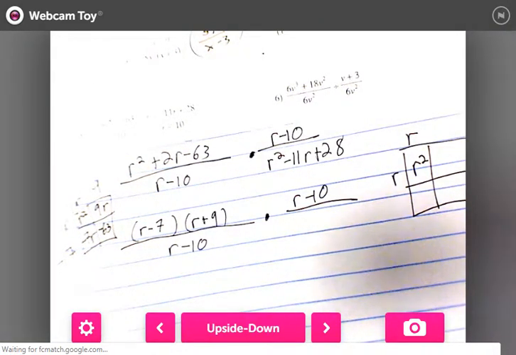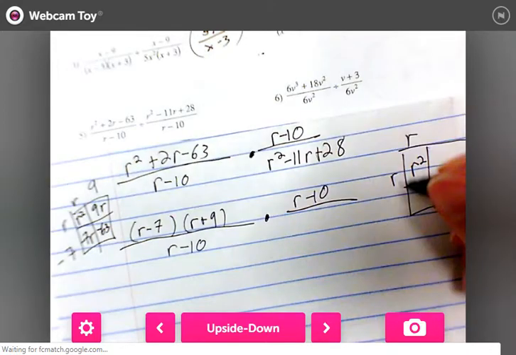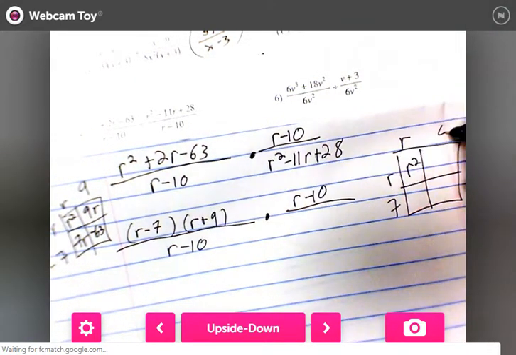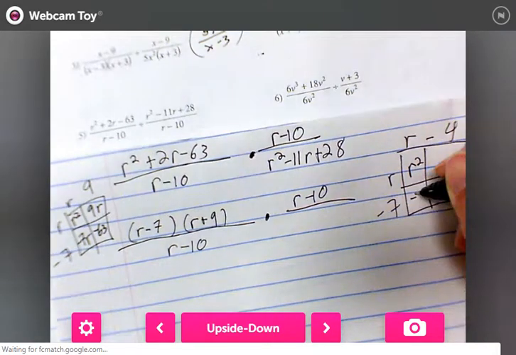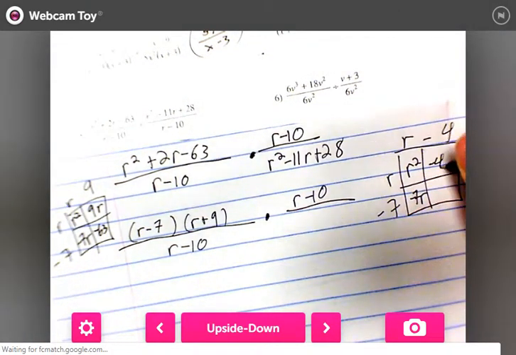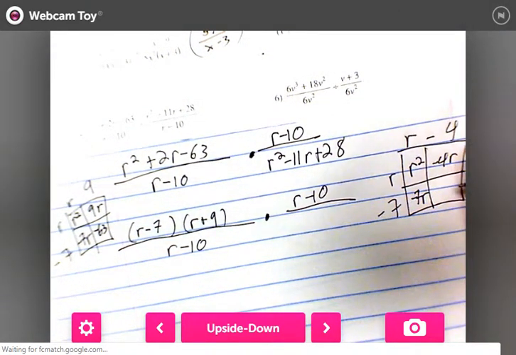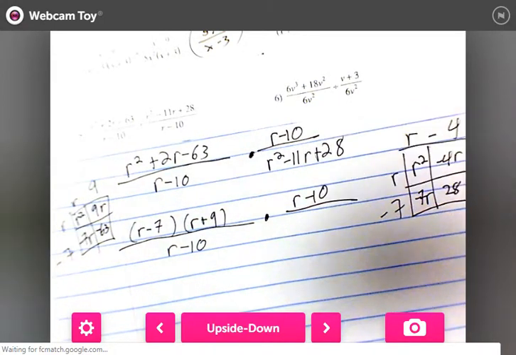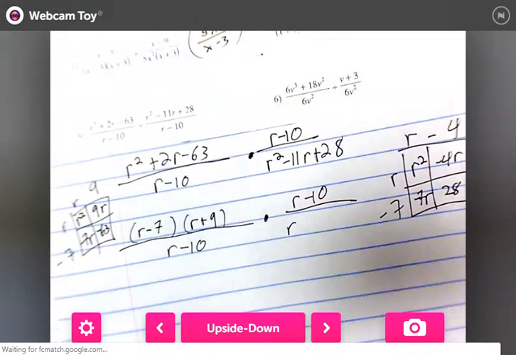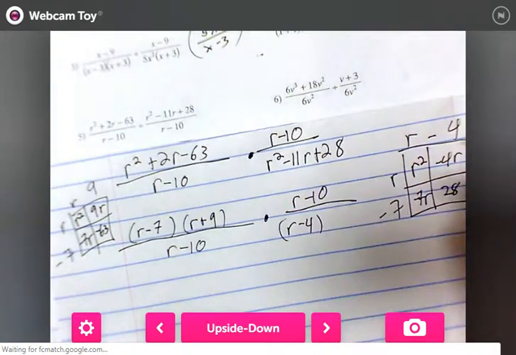So 28, I've got, what, 7 and 4? 7, 8, 9, 10, 11. So that would work if I have 7 and 4 and they're both negative. Negative 7r and negative 4r makes negative 11r. So again, that's r minus 4, r minus 7.